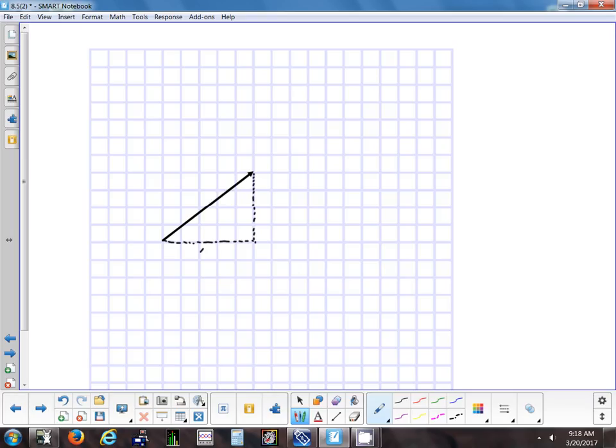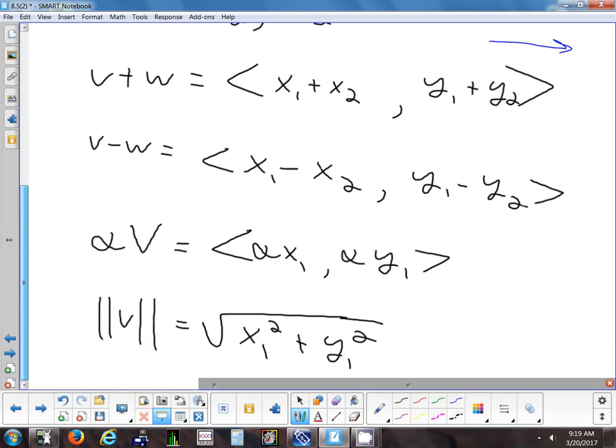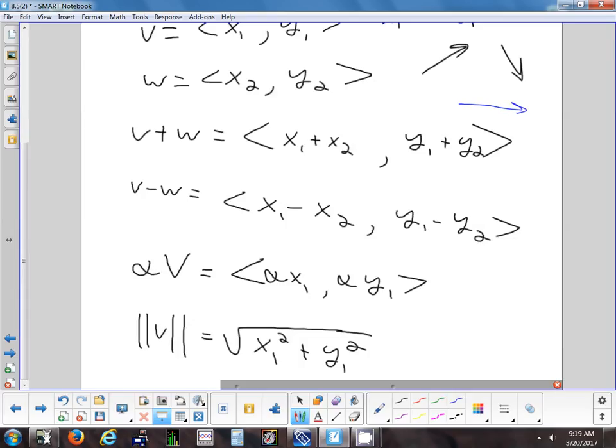So if the horizontal component, I think I called it x1, at least in the first vector, and that's y1. All we'd have to do is use the Pythagorean theorem. x1 squared plus y1 squared. You just add those up, and the last thing you have to do is take the square root. So there's your formula for finding the length of v. If you wanted to find the magnitude of w, then you'd use the components for w.